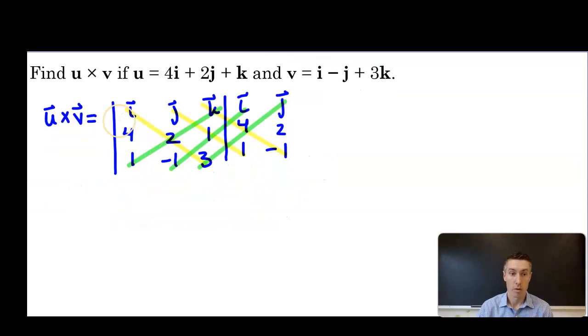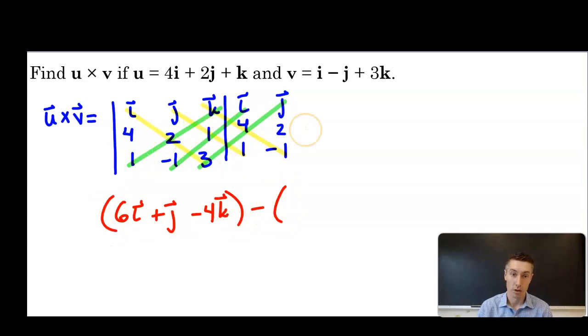Okay, so forwards, the yellow, we get 6i plus j minus 4k, and then minus the green, so 2k minus i plus 12j.